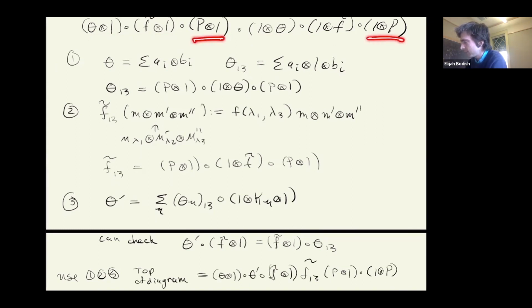I have some P's, I have some F's, and I have some thetas. The bottom of my diagram is going to be all thetas on the left, all F's in the middle, and all the P's on the right.